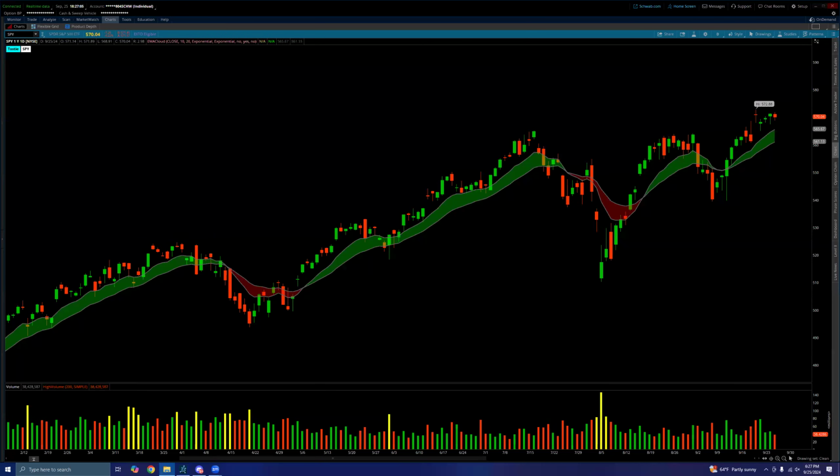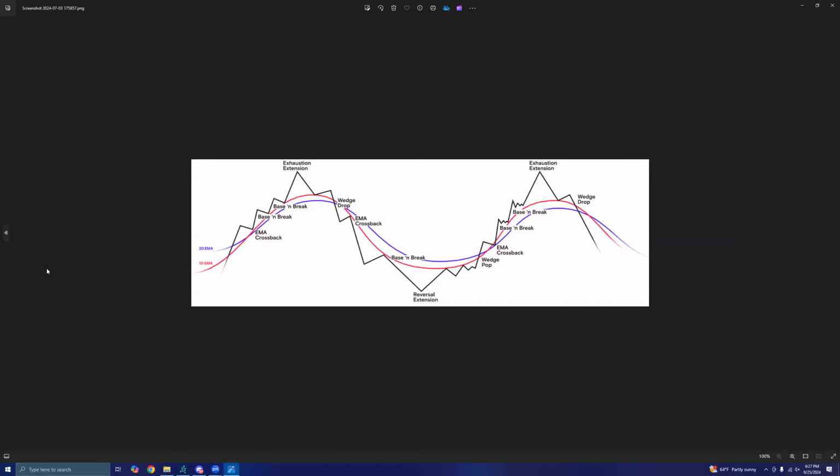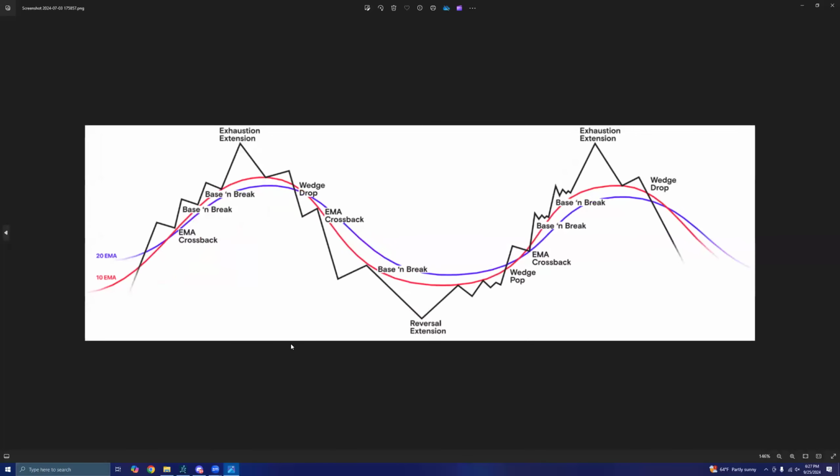And I want to pull up this graphic really quick that illustrates some concepts that I've talked about before. So this is from a book that I really enjoyed reading almost a year ago now. I don't even remember what it's called. Anyway, it's by this guy named Oliver Kell.